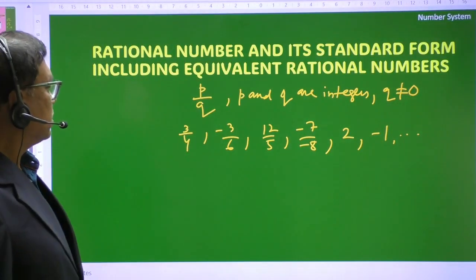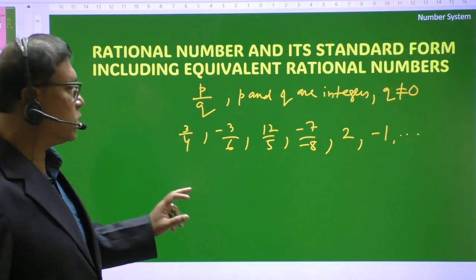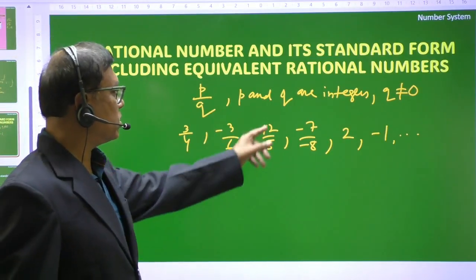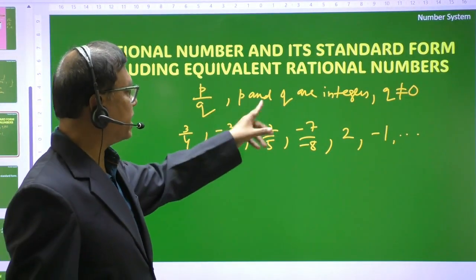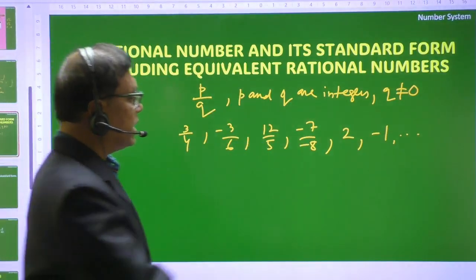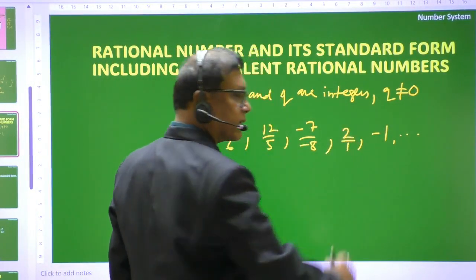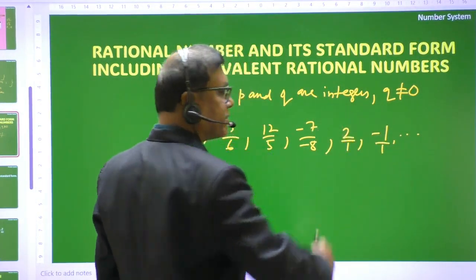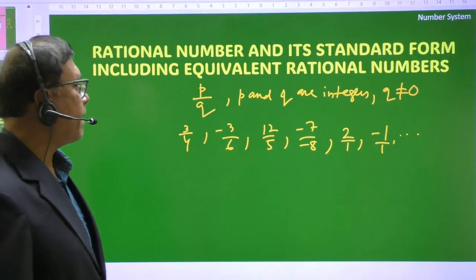Yes, because 3 and 4 are integers and 4 is not equal to 0, -3 and 6 are integers, 6 not equal to 0, 12 and 5, see, P and Q are integers in all cases. Here 2 means 2/1, -1 means -1/1. So this is also a rational number. Yes or no? Is it clear?